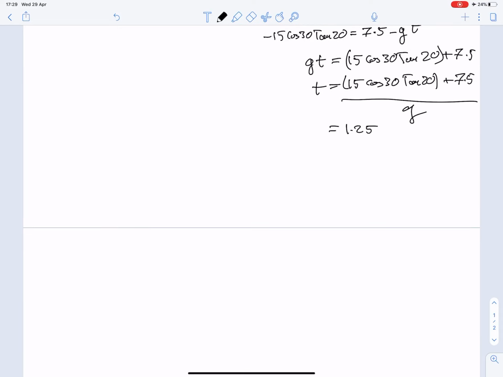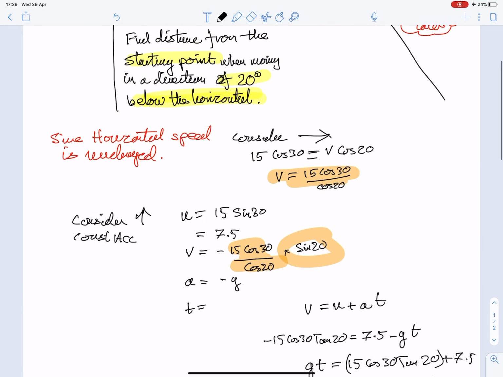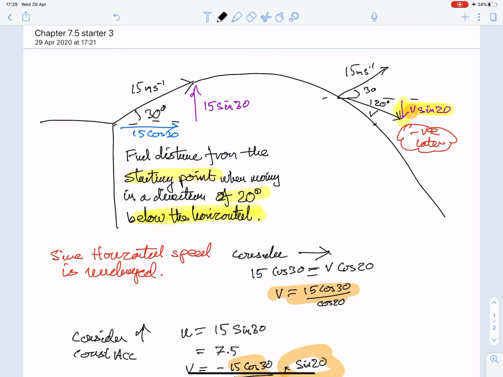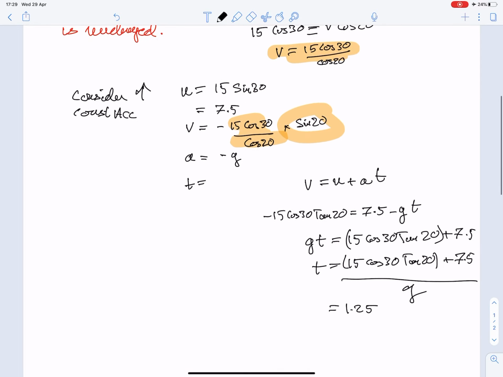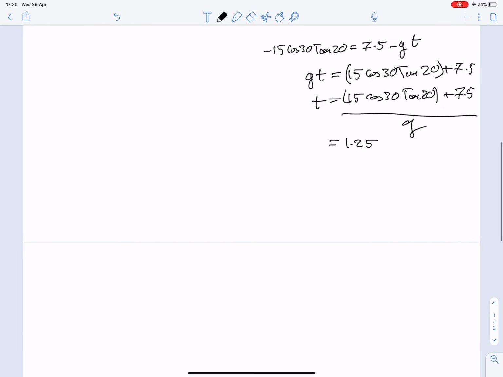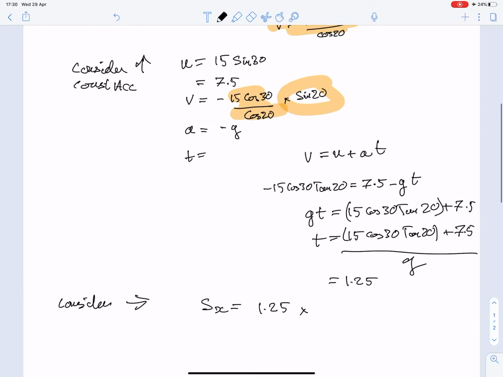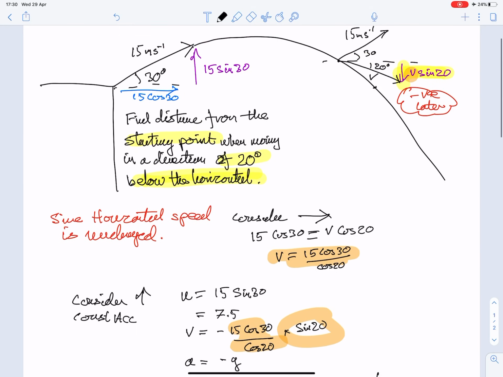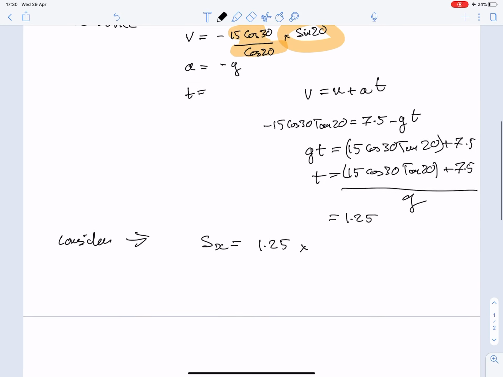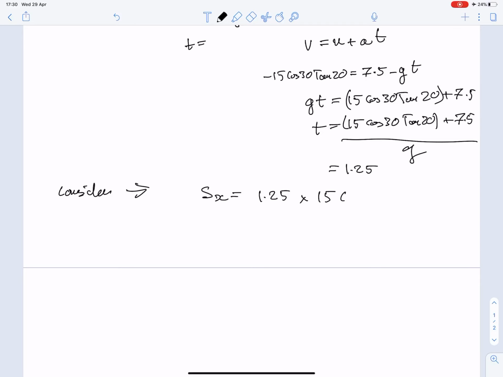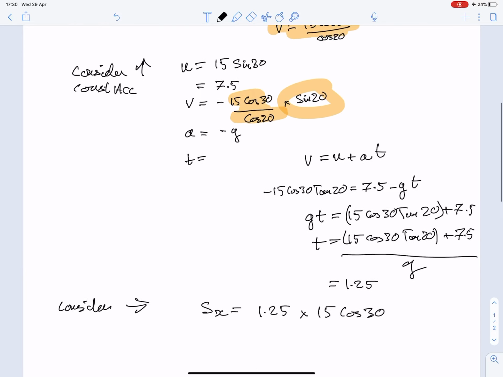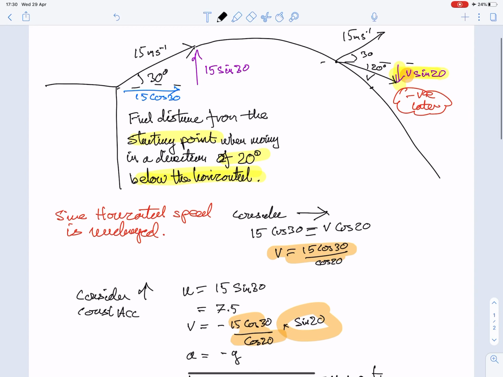Okay, so we've now got the time. So we now need to go back, read the question, find the distance. So we need to find the position at that time. So consider horizontal motion, Sx. We take the time, 1.25, times its horizontal speed, which was 15 cos 30. 15 cos 30 is the horizontal speed from way back here.